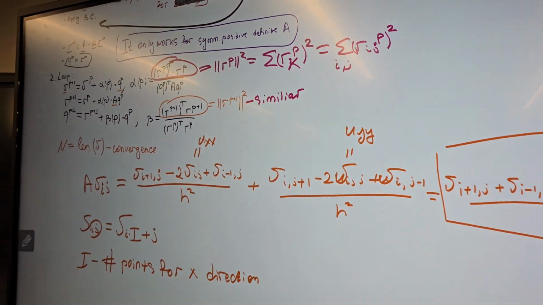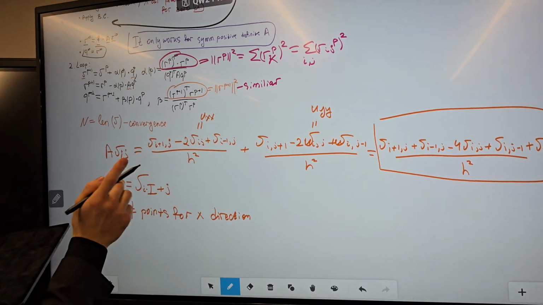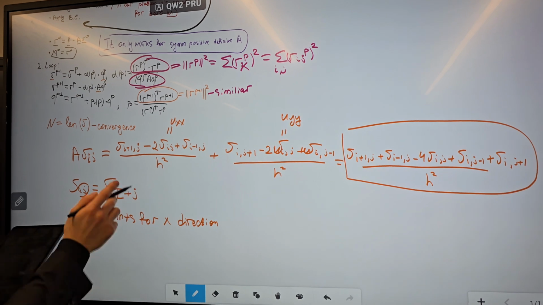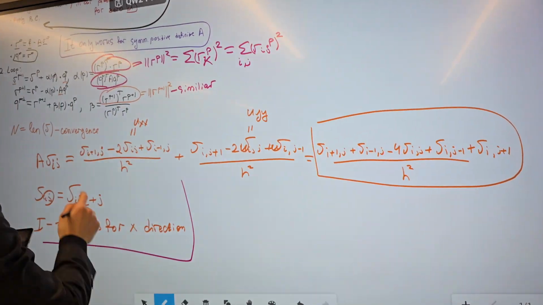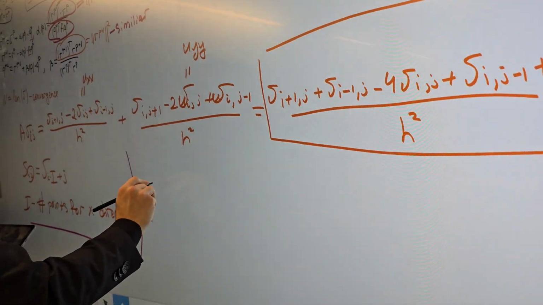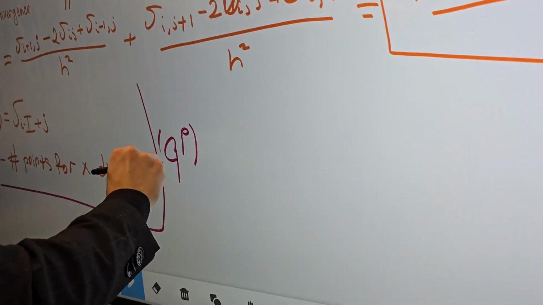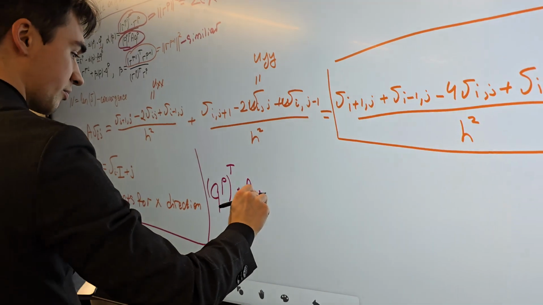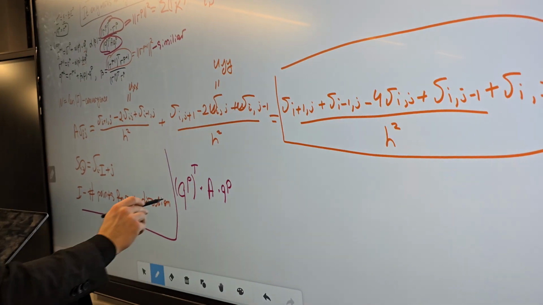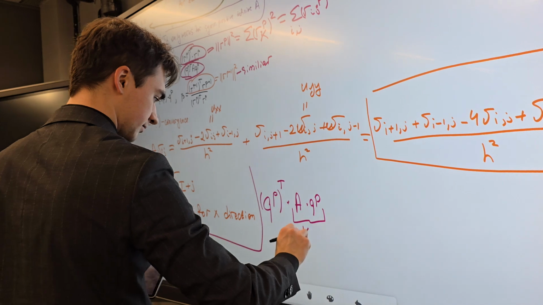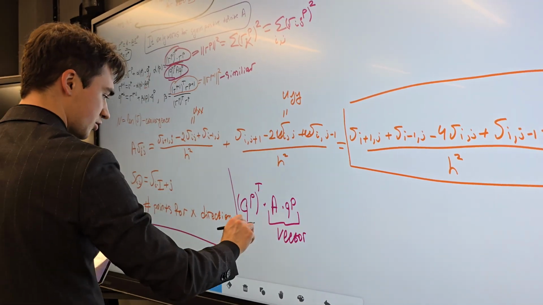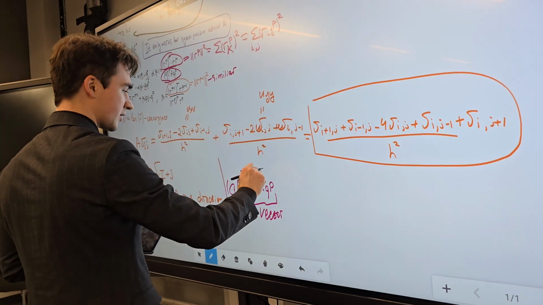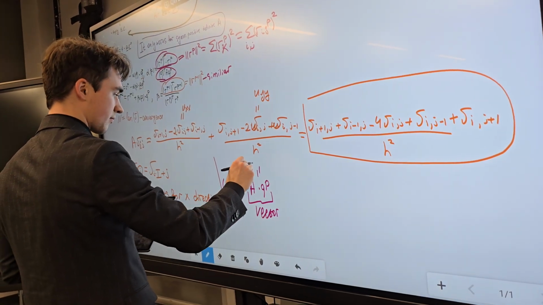Now the only thing we're left with is this one. And to do that part, what do we see? Q p transpose multiplied by A by Q p. So this one is a vector, and this one is also a vector. Let's assume that this vector is, which letter?